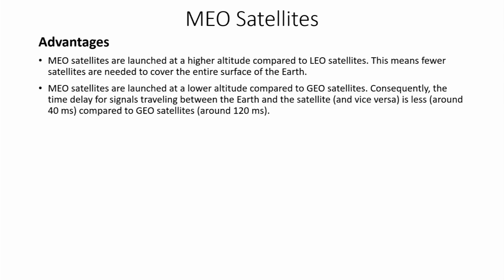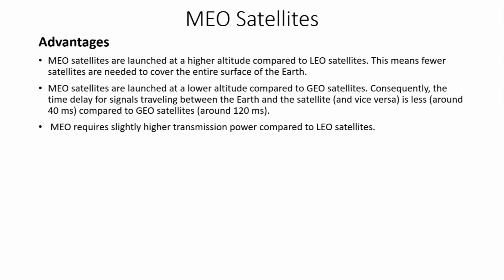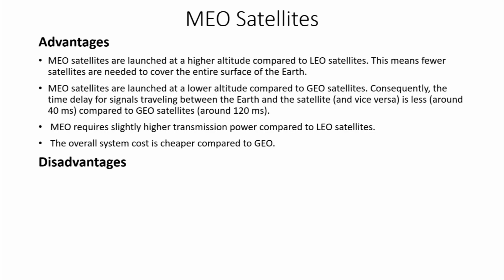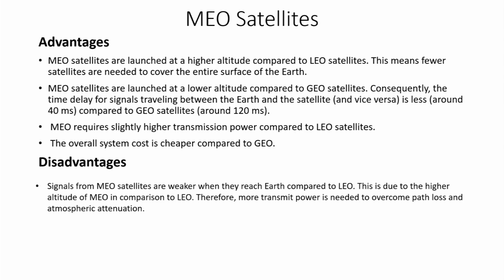So, consequently the time delay or the latency is better here as compared to the geosynchronous or geostationary satellites, and it requires slightly higher transmit power as compared to the LEO satellites, but of course, it is an advantage as compared to the geostationary satellites. And the overall system cost is definitely cheaper than the geosynchronous or geostationary satellites.